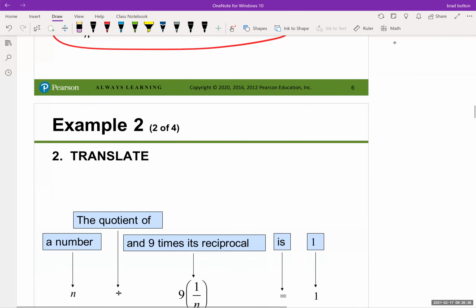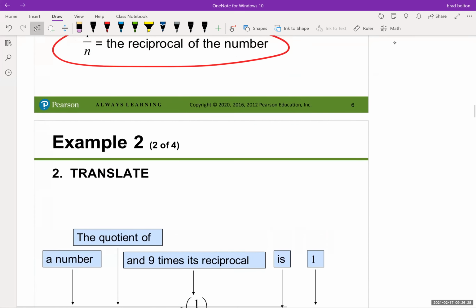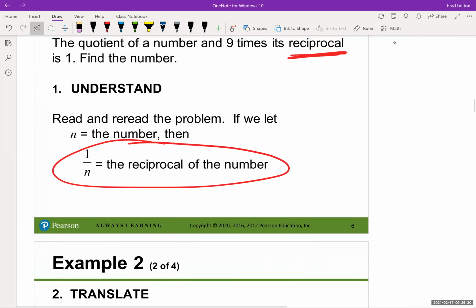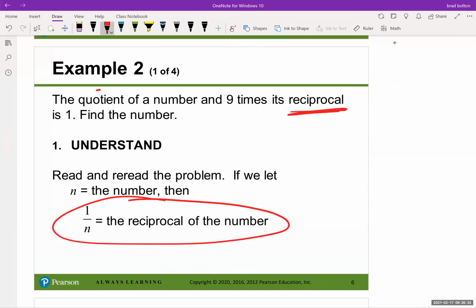So what we're going to do here is, how can I say this? We know that the quotient means division. We know that a number is n. We could call it x as well. And 9 times its reciprocal. Well, we know this is multiplying, right? And we know is means an equal sign, okay?